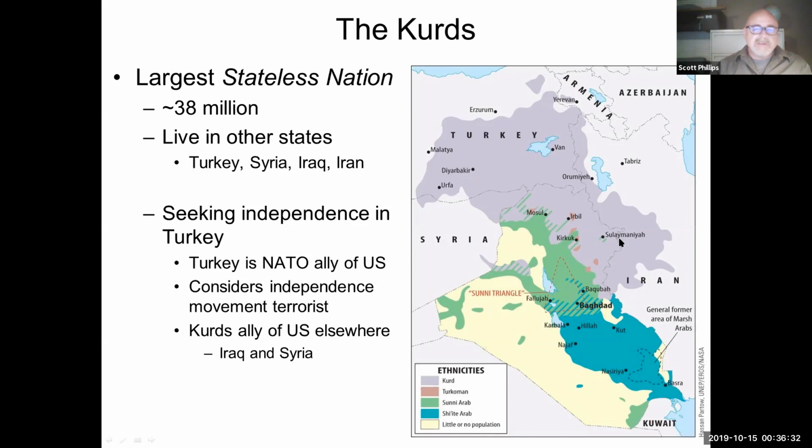Their situation is complicated, especially in terms of the United States, because in Turkey, the Kurds are seeking independence from Turkey. And because of that, Turkey considers them to be agents of terror or an outlaw group.